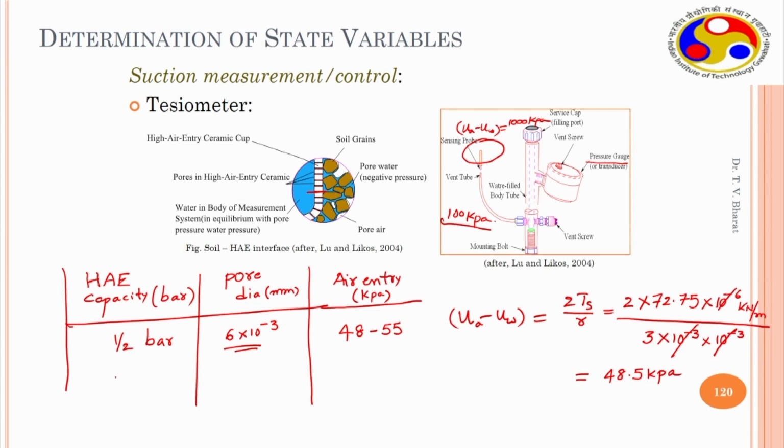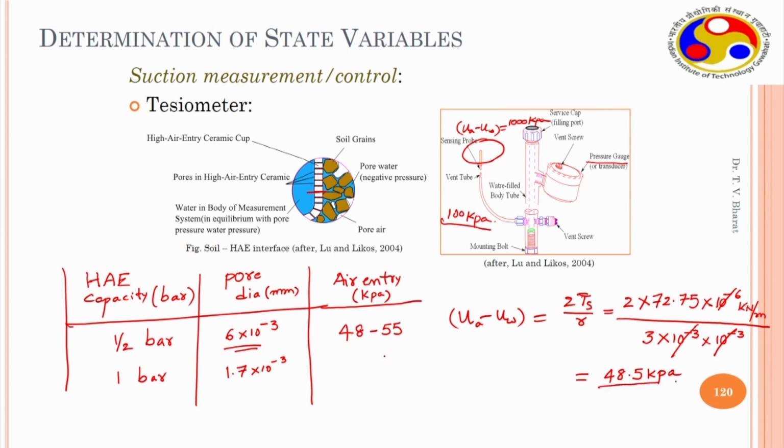Similarly, if it is 1 bar, the 1 bar high air entry capacity disc will have a pore diameter of approximately 1.7 times 10 power minus 3. Here, however, in the calculation we did not use the contact angle. We are assuming the contact angle is 0.